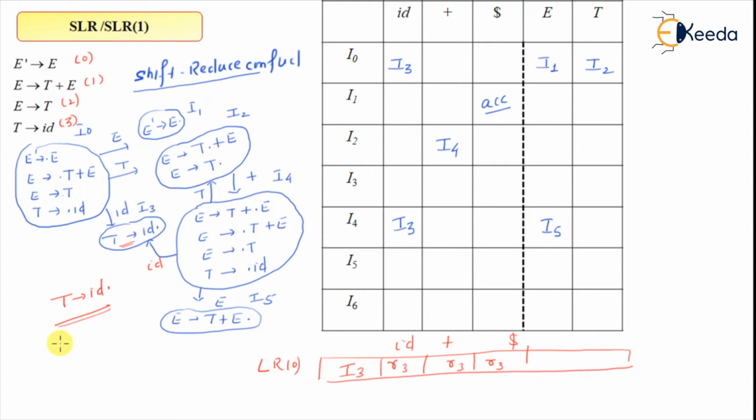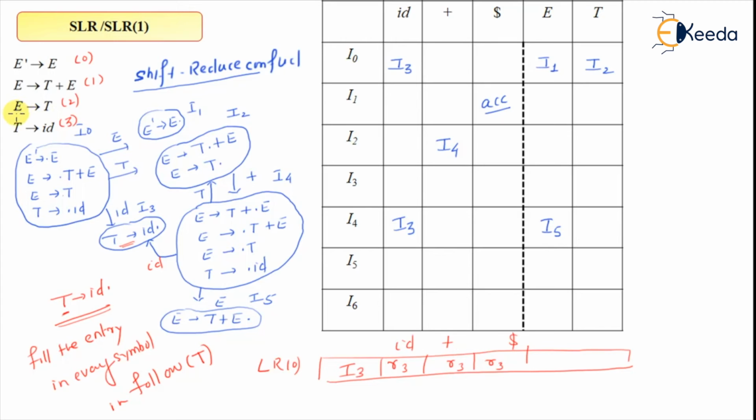What I will do here is check the next input symbol and the non-terminal on which the reduction is done. That is the rule: fill the entry in every symbol in Follow of T, since we are reducing to T. What is Follow of T?